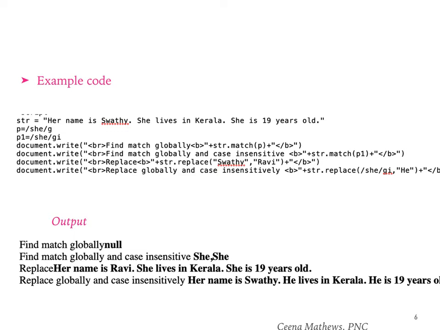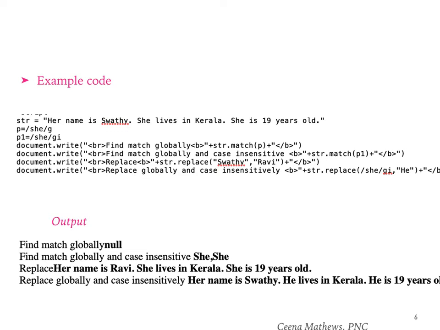So both modifiers are used together here, and we'll see how it functions using document.write to find the match globally: str.match(p). p is /she/ and the modifier is G. So she is searched globally in the given string.